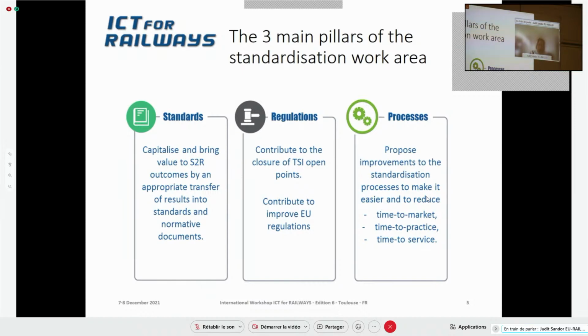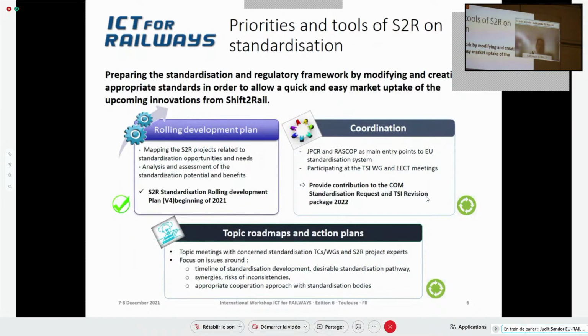So now, if you go to the next slide, you will see the different tools that in Shift2Rail we use in order to support the contribution to standardization. You see the three main work streams. The first one is to understand what Shift2Rail is contributing with regard to regulation and standards.